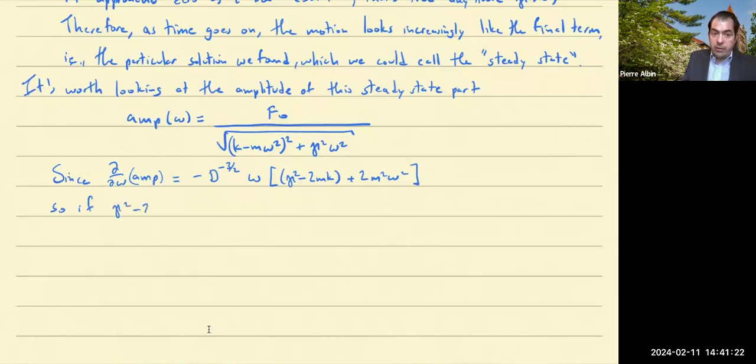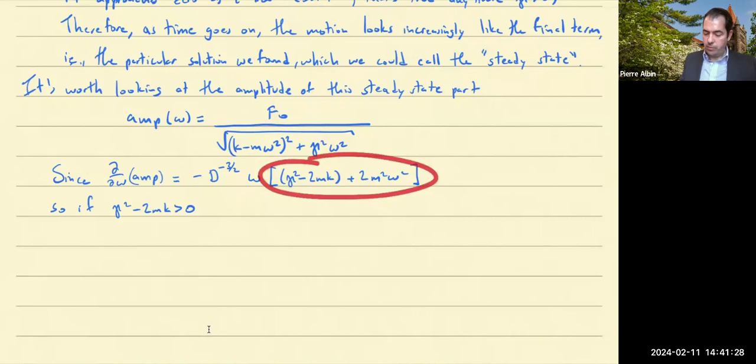If gamma squared minus 2mk is positive, right, then this term is the sum of a positive and a positive number. So it's always positive. That means that this derivative is always, well, it's negative if omega is non-negative.